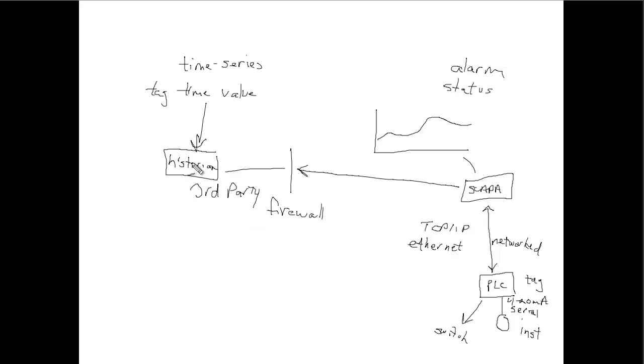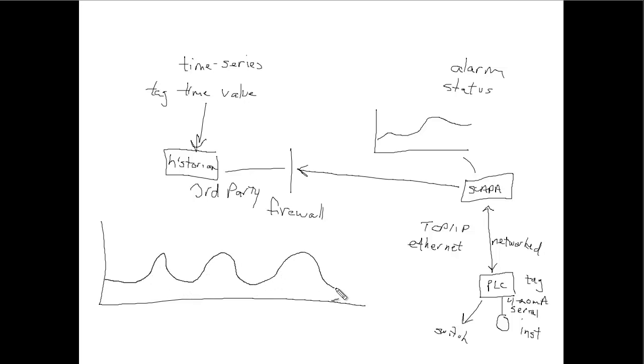The reason we like this data historian and we like to have this data store is that it's very nice to be able to go back and trend these instrument readings, maybe for a full year, and see seasonality and trends, and be able to analyze this data and figure out how much power we're producing and how much customers are consuming and when they consume it, and all that kind of stuff.